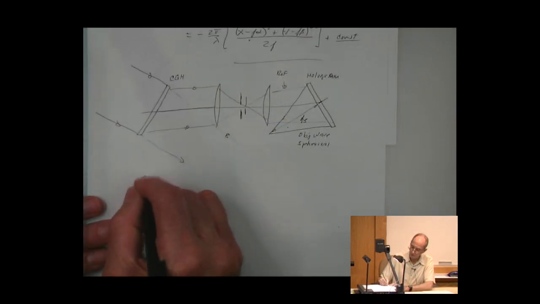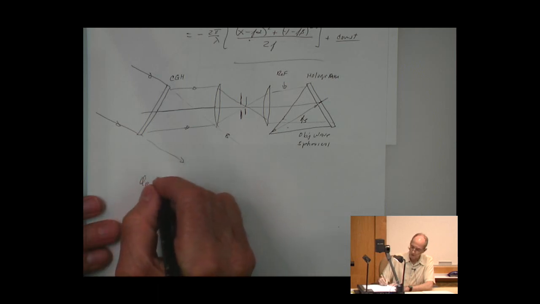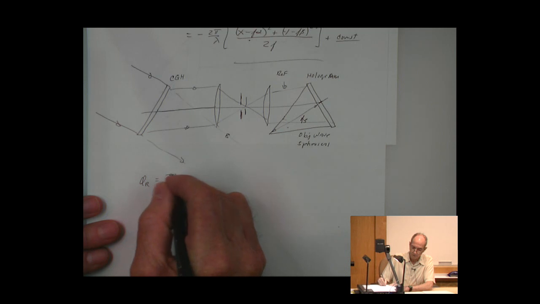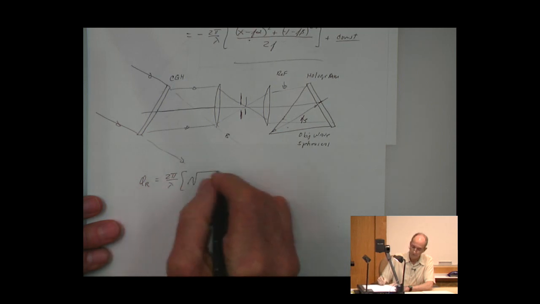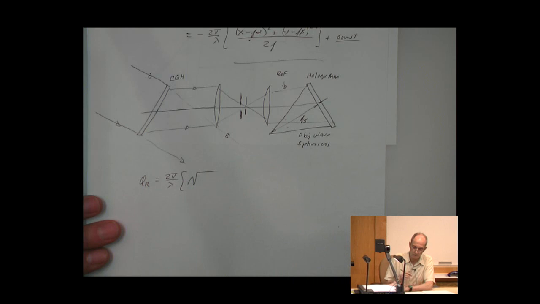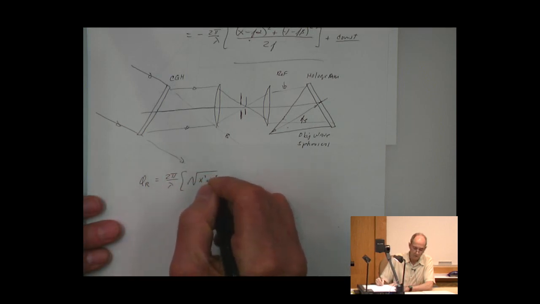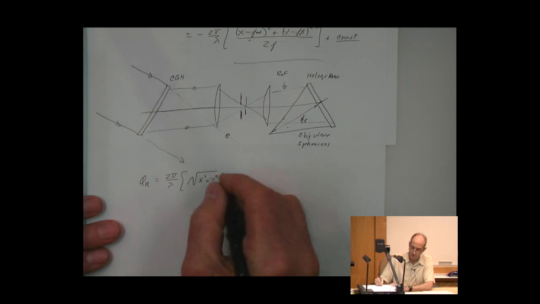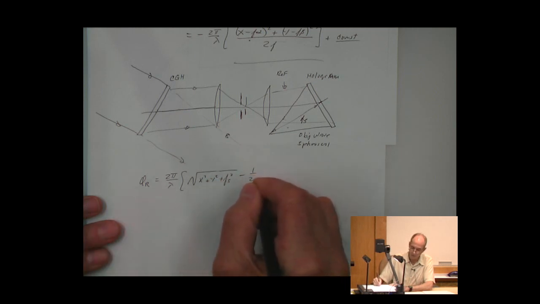All right, so the phi sub r that we have, phi sub r for the reference beam, is equal to 2 pi over lambda times the square root of x squared plus y squared plus fs squared, minus 1 over 2fq.